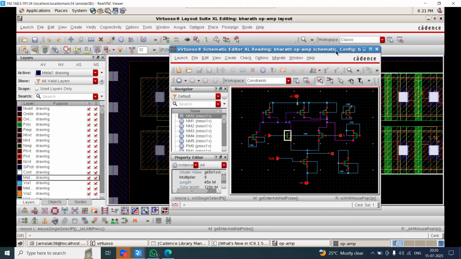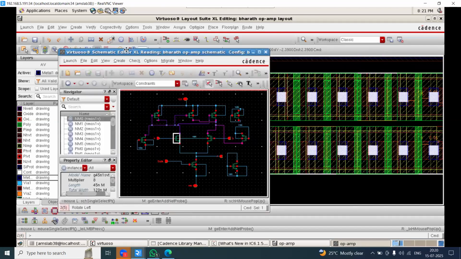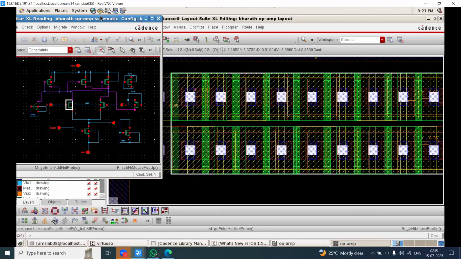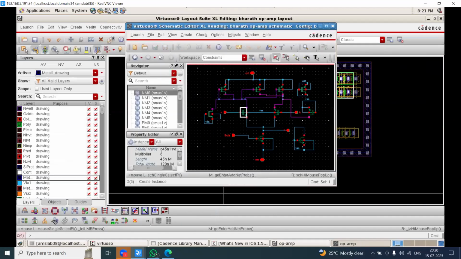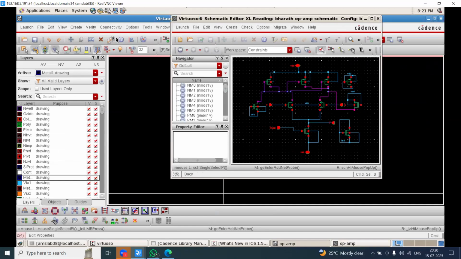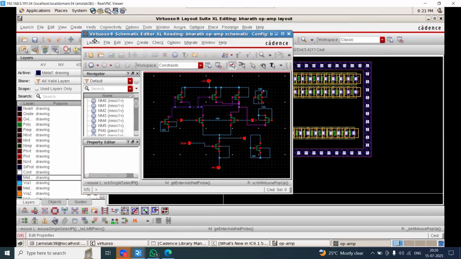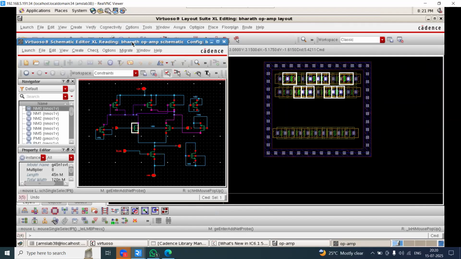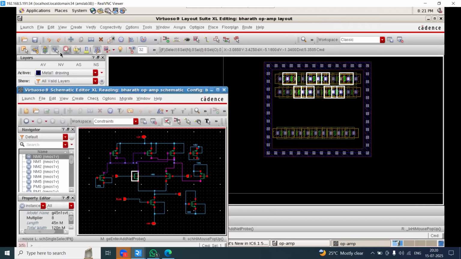How the pattern is like, it was in the group. I will ungroup it first. You know transparent group, right? It was created in the group.